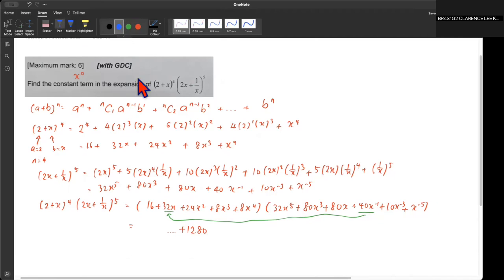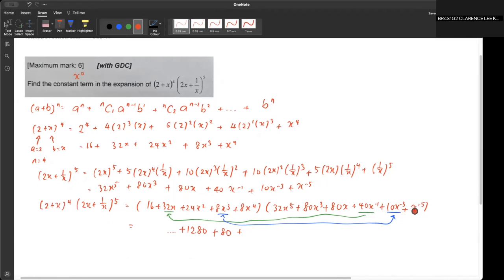And besides this, we have another term. We focus on the negative power especially because the negative power can cancel off with the positive power over here. So these two, when you multiply them, will give us 80x to the power of 0. And you may consider x to the power of negative 5, but there is no x to the power of positive 5 here to produce a constant term.